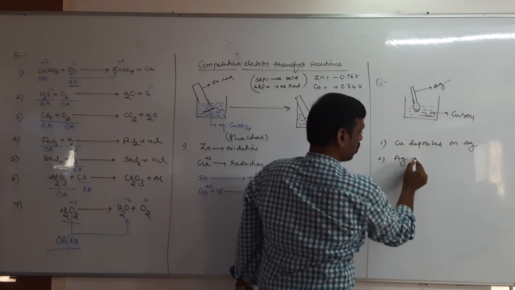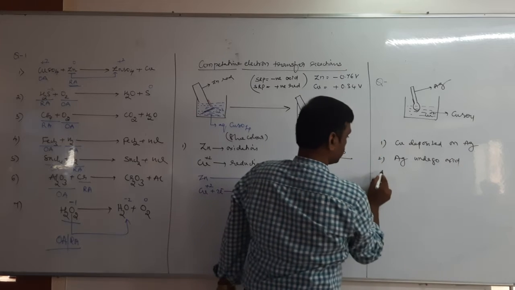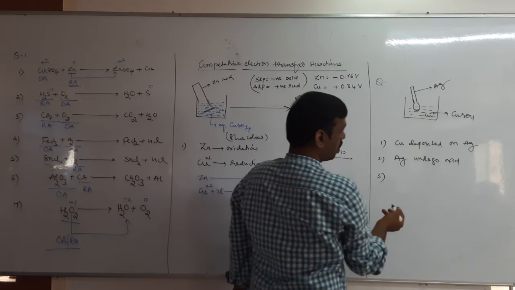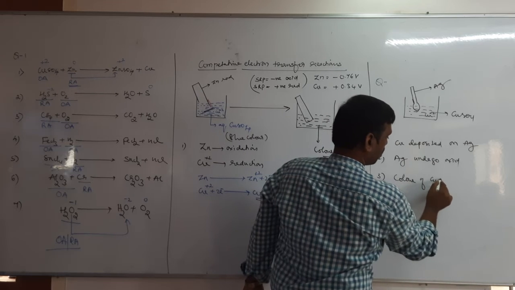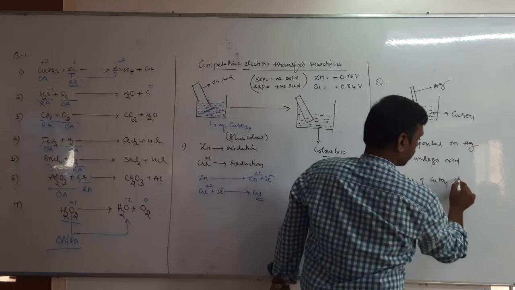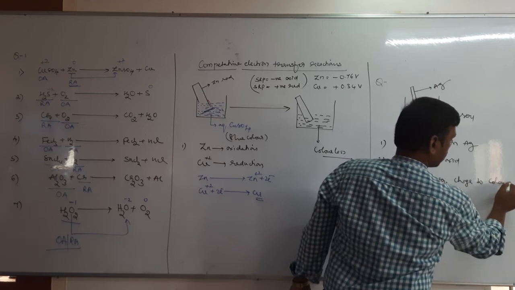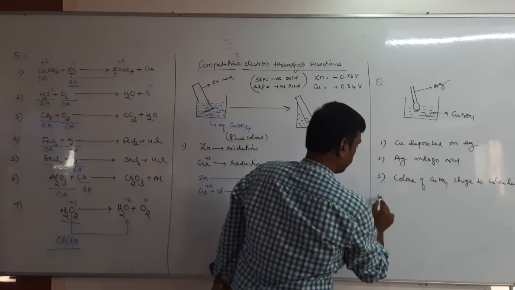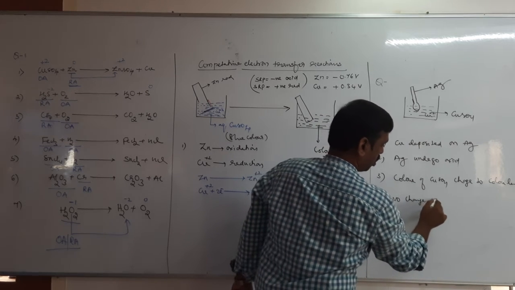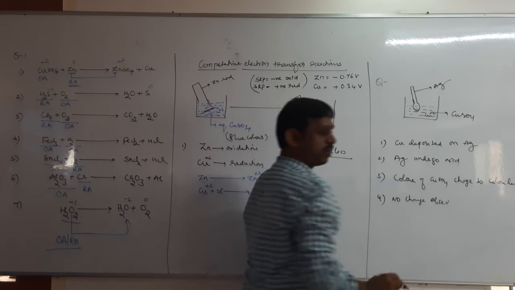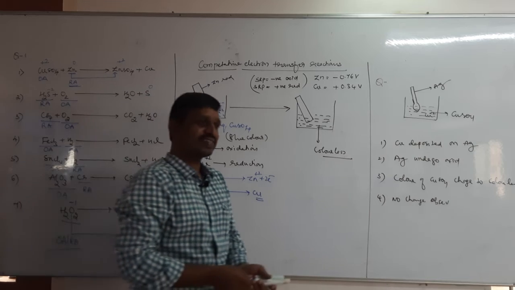Ag undergoes oxidation. 3. Color of copper sulfate changes to colorless. 4. No change observed.